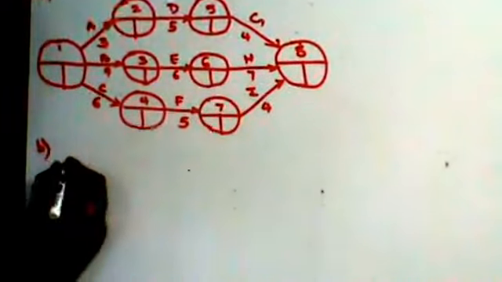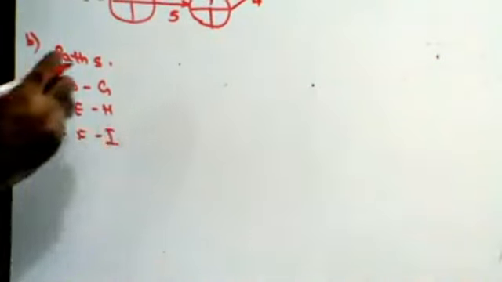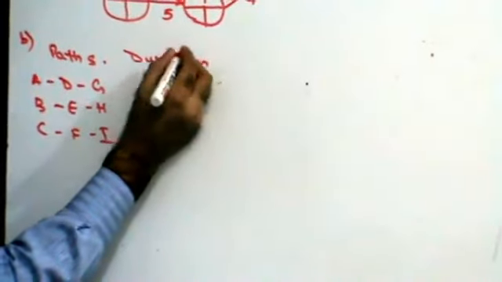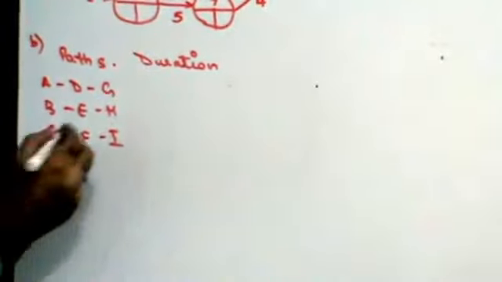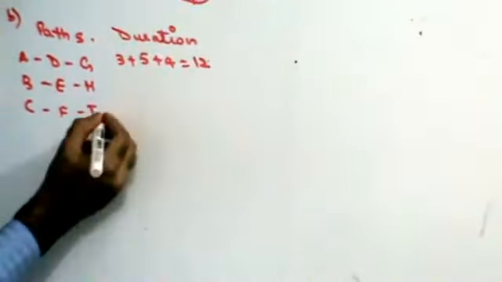Next, let's see the paths. You have path ADG. You have path BEH. You have path CFI. Right? Duration. Duration is 3 plus 5 plus 4. That's 12 days.